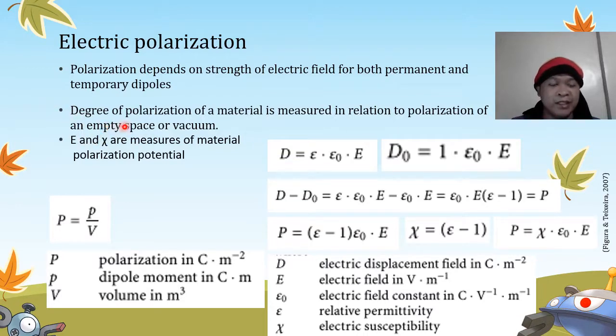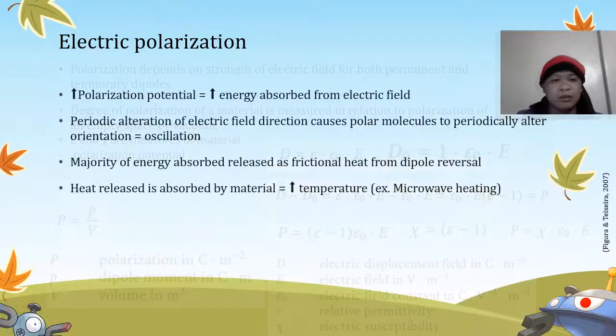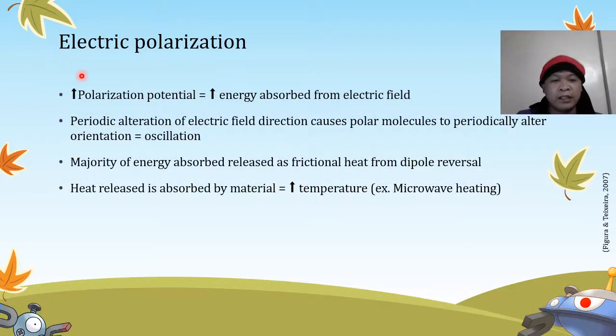So this is actually, again, relative to polarization in vacuum. And then there are also factors which are dependent on the material. So obviously, if you have a different material, you would have a different value for polarization.